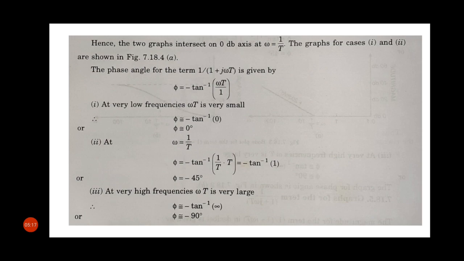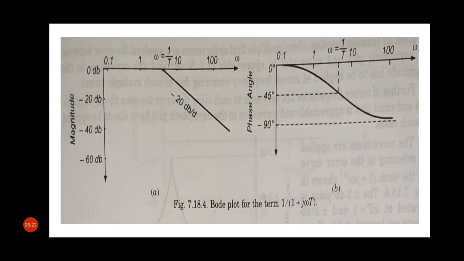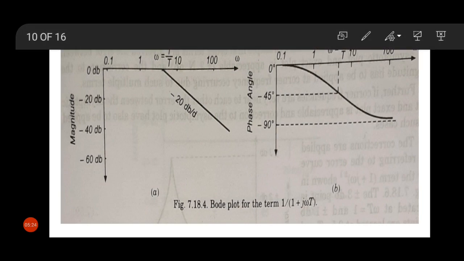So the graph for phase angle is shown here. When omega t is very small, then phi equal to 0 degree. When omega equal to 1 by t, then our phi equal to minus 45 degree.